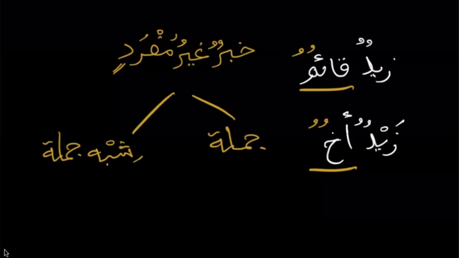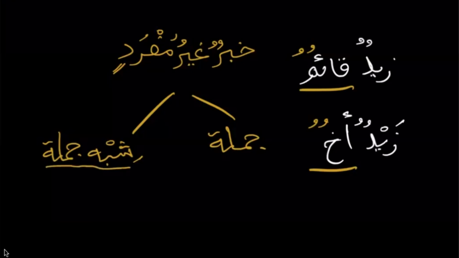You can see that it more literally translates as the likes of a sentence, semblance of a sentence, or maybe just phrase, if a phrase is some collection of words as if they are a sentence, but not quite. And shibh jumla is a phrase, but it's going to be a prepositional phrase. So if we just want to say phrase, that's fine, but it's going to be a prepositional one.